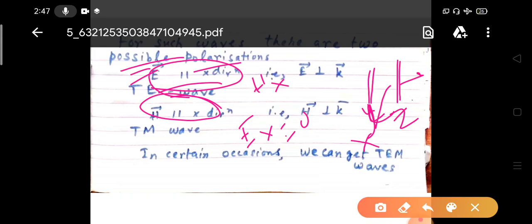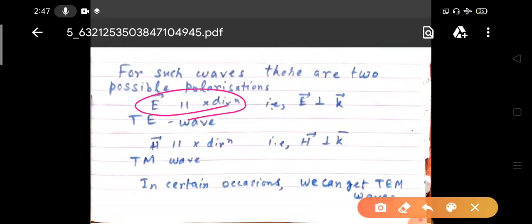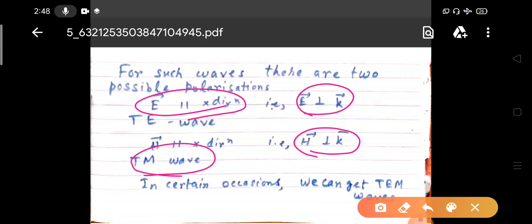Whenever the electric field is perpendicular to the direction of propagation, we call the wave a transverse electric wave, or TE wave. Whenever the magnetic field H is perpendicular to k, that wave is a transverse magnetic wave, or TM wave.